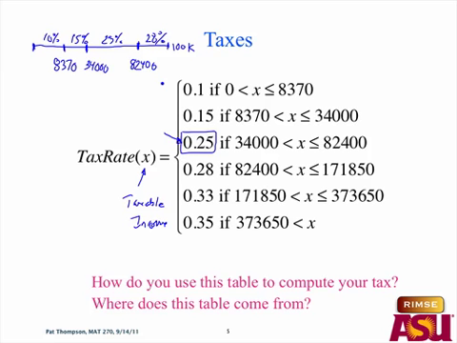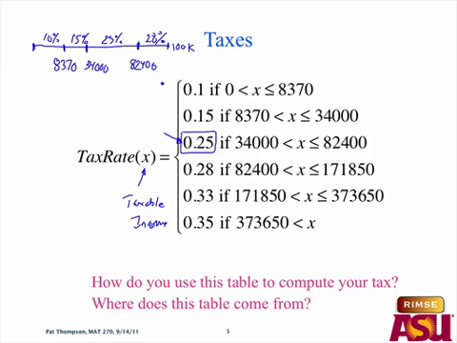There would be a different schedule where if you make only so much income, you don't pay tax at all, and that's true. But still, the first dollar that a person making $100,000 gets taxed at 10%. So we still need that 10% bracket, because anyone who makes greater amounts, all their first 8,370 are going to be taxed at 10%.